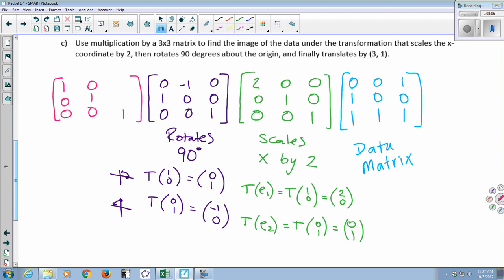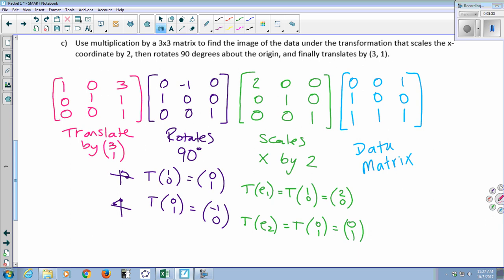And then in these last 2 spots, you put the translation. So you want to go by 3, 1. So this is my translate by 3, 1. And you don't have to do any calculation of what T does. You just throw the translation into that matrix.